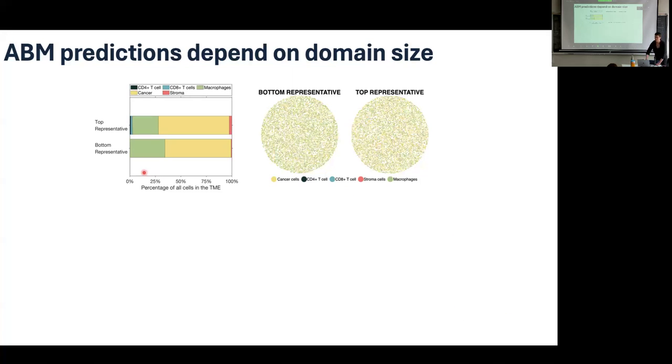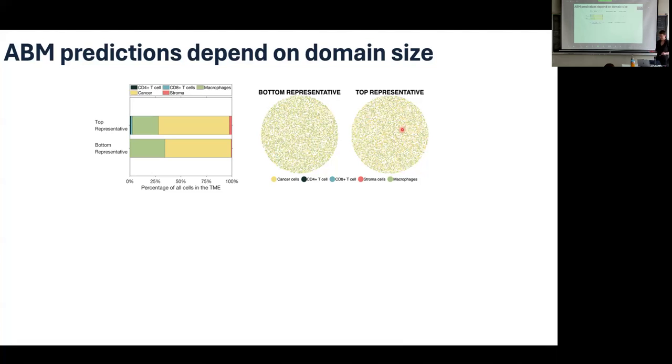We took the top 10 individuals and the bottom 10 individuals, looked at what proportion of lymphocytes, macrophages, cancer cells, and stromal cells they had in their domain, and then represented that in a tumor domain with 10 to the 6 cells. So the bottom representative is representative of those bottom patients I showed you earlier, and the top of the top 3 patients. So now we have a lot more cells.